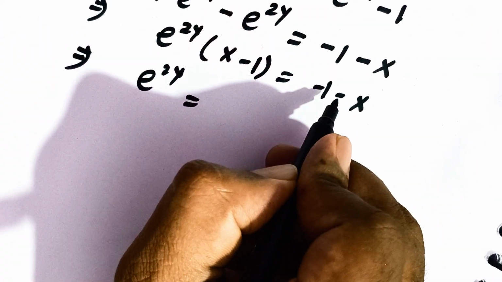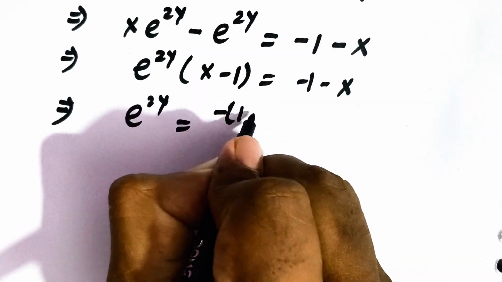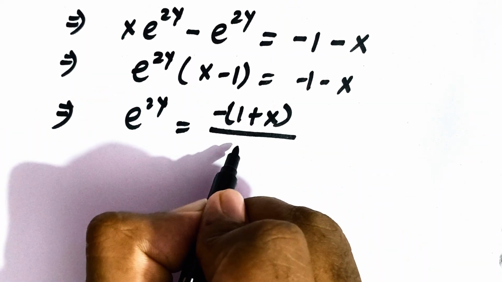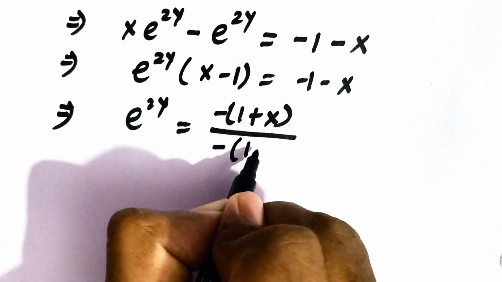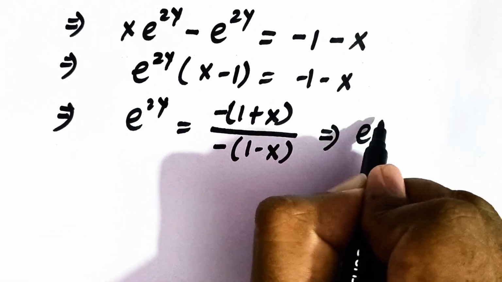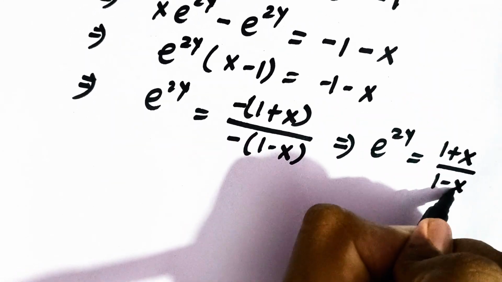You can write this as minus times 1 plus x divided by x minus 1, which can be written as 1 plus x divided by 1 minus x. So e to the power 2y is 1 plus x divided by 1 minus x.